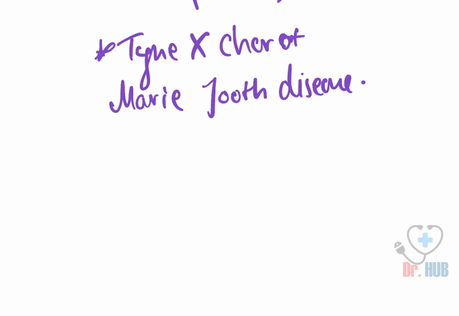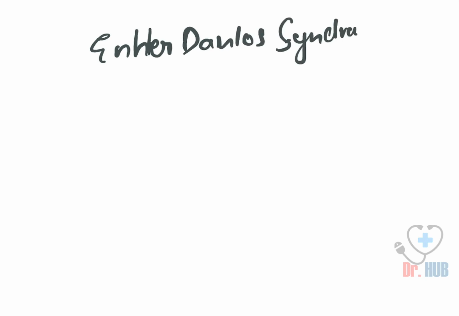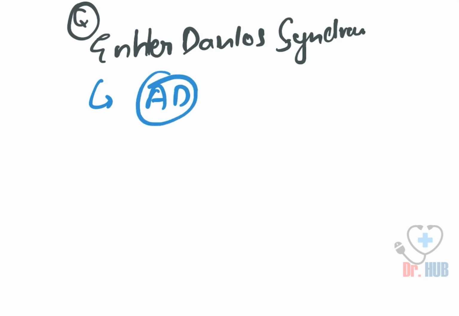So now we'll move on to answering our questions. The first question we asked was about Ehlers-Danlos syndrome: what is its inheritance pattern? So the Ehlers-Danlos syndrome inheritance pattern is AD, that is the autosomal dominant. Now moving on to the next question.